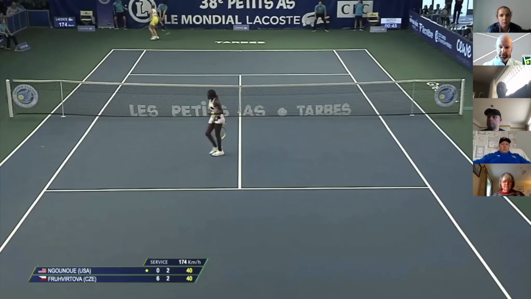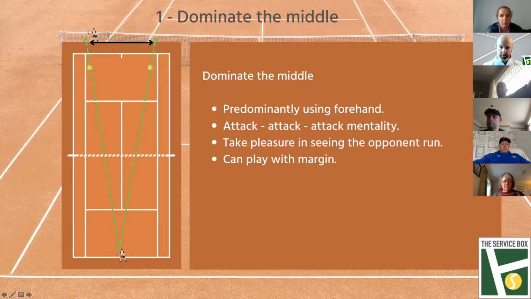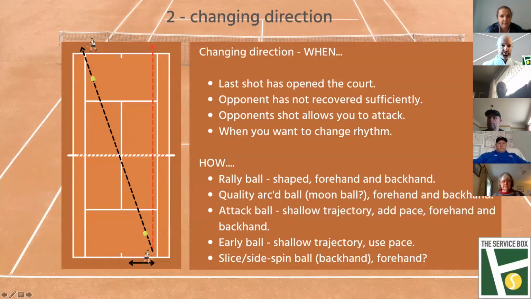So if we move to number 2, it is very simply changing direction. And this is a massively obvious one, but it's massively important. If we think of our players' ability to change direction in different situations, it can quite often be a pivotal skill that they have.